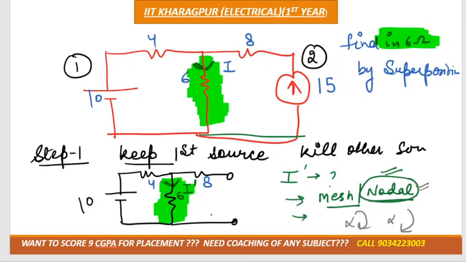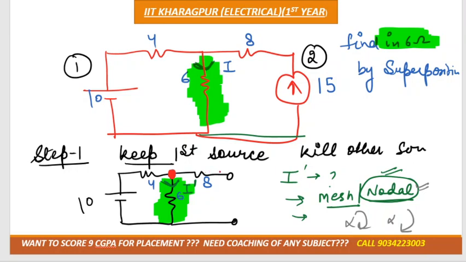We don't want current in the loop, we want current in the branch. But in this case, can you tell me, is this a node? Yes or no? Is there any current flowing across 8 ohm?